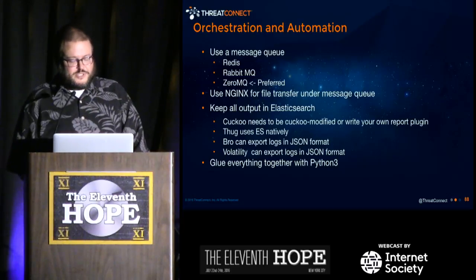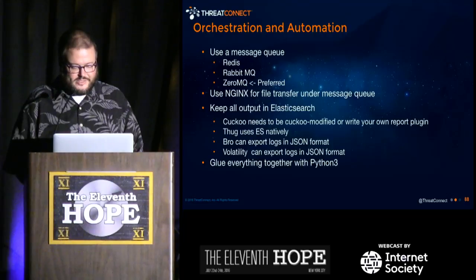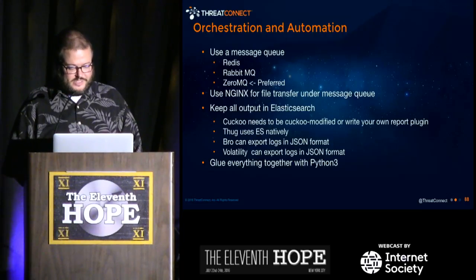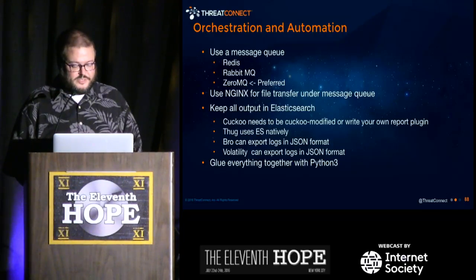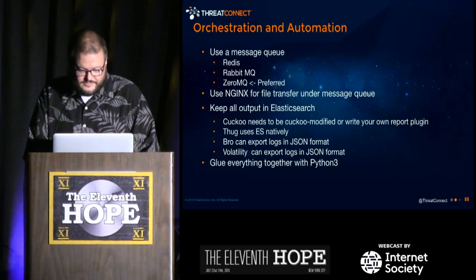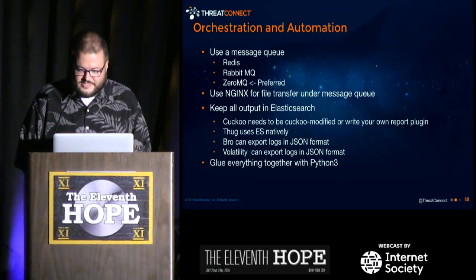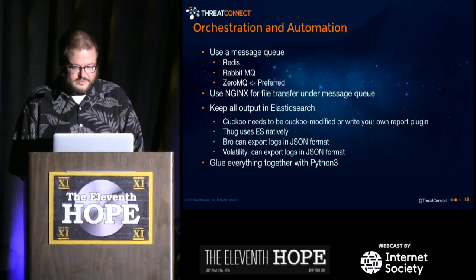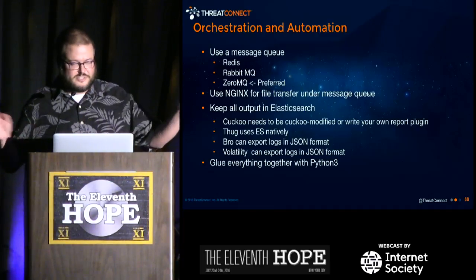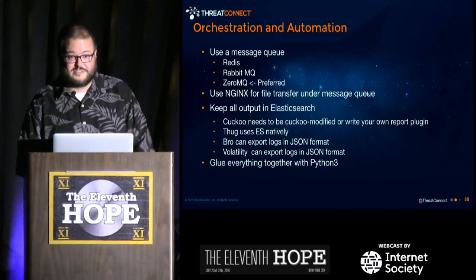Bro has an option to export logs in JSON format, which can be easily consumed by Elasticsearch, as does Volatility. I prefer to glue everything together with Python 3 because I hate Python 2. It needs to die and go away, mainly because of text processing. It was just a historical mistake; they didn't know how to do it right yet, but it needs to die and go away.